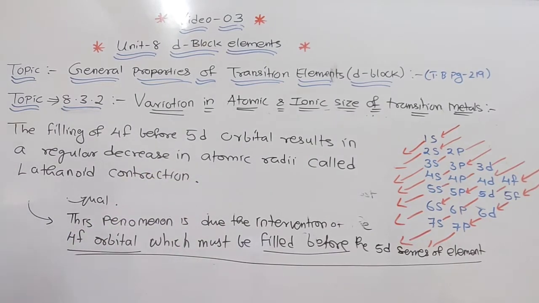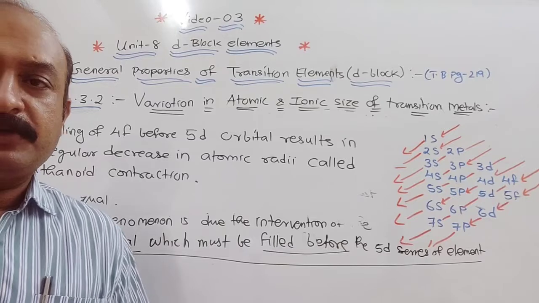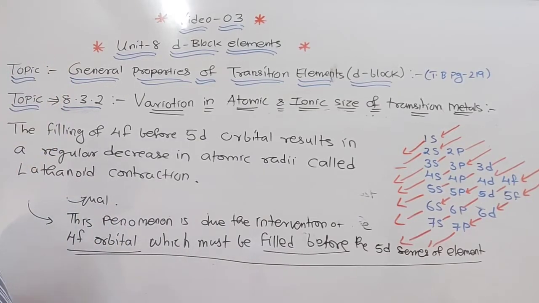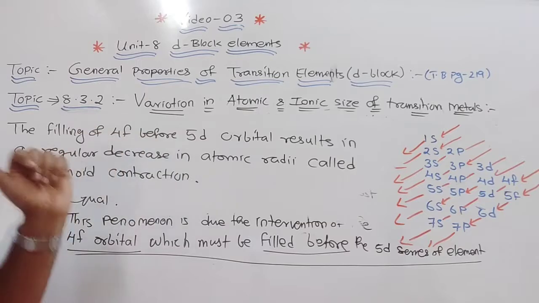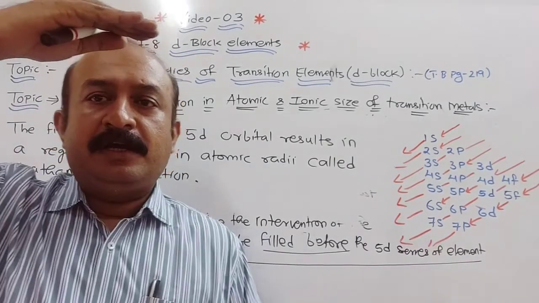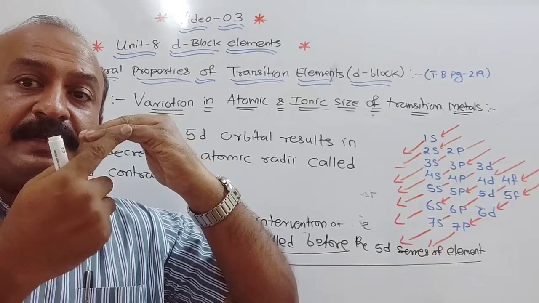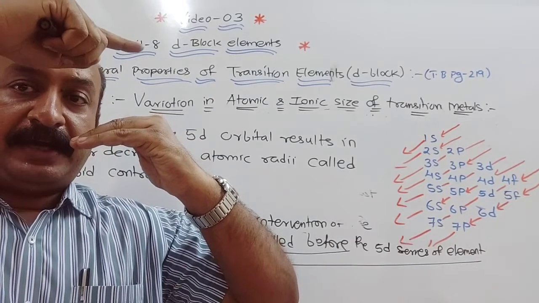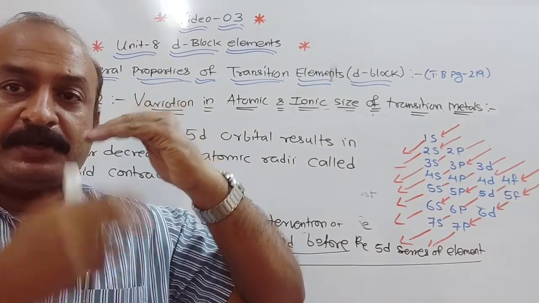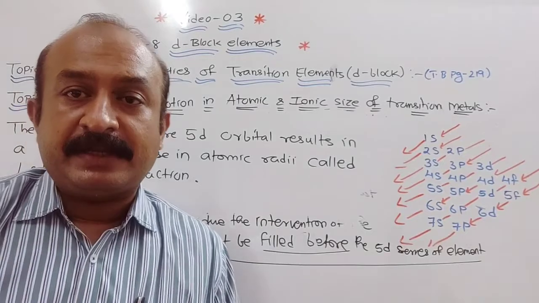If a question is asked, it is the filling of 4f orbital before 5d, because when we write the configuration, we write 5d first. So if the filling is done in 4f, what will happen? 4f electrons are inner, and they will shield the 5d electrons from the nuclear protons, the shielding or screening effect is there.